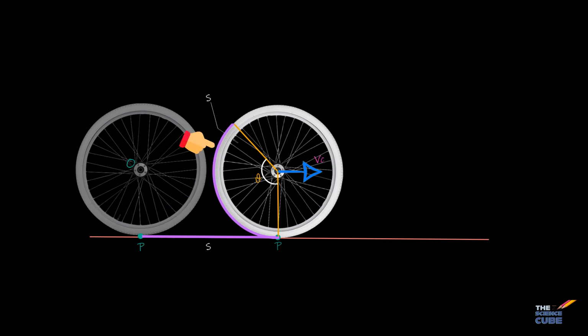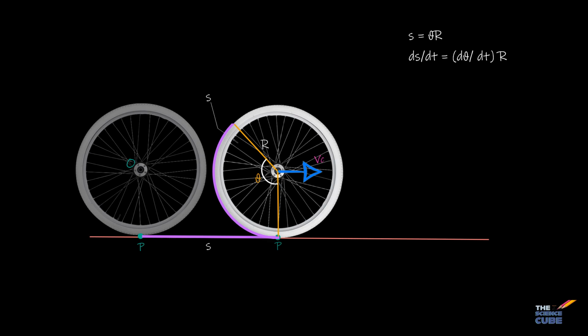Then simple geometry tells us that s is equal to theta r, where of course theta is in radians and r is the radius of the wheel. So now let us differentiate this equation with respect to time t, and what we get is ds/dt is equal to d theta/dt into r.